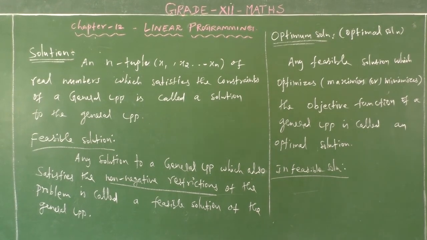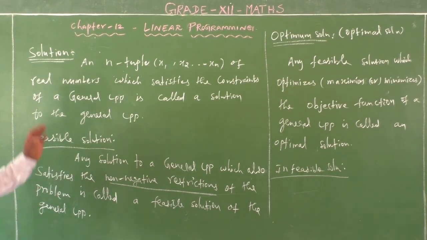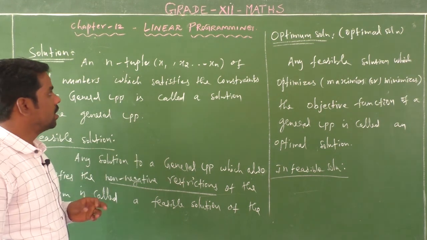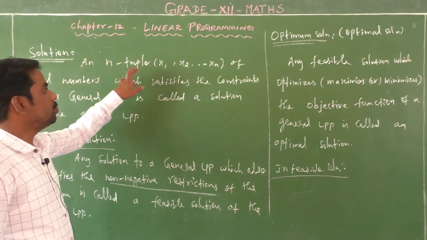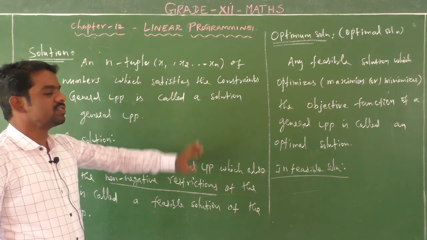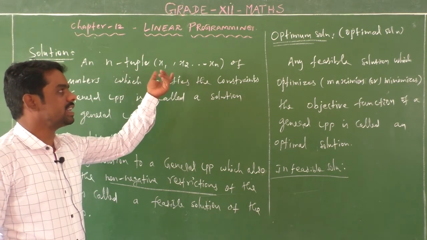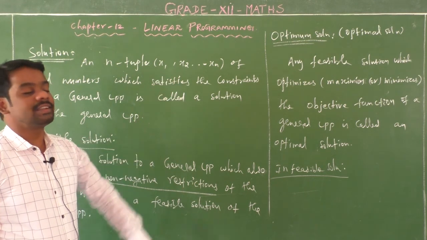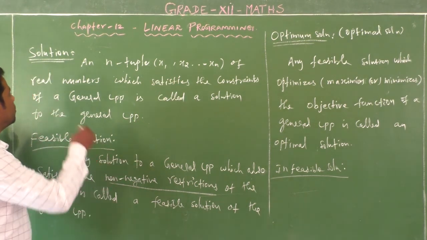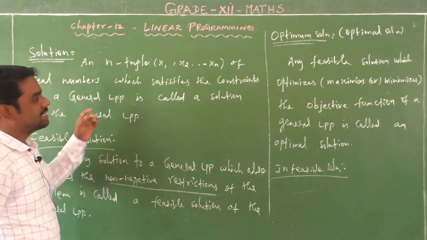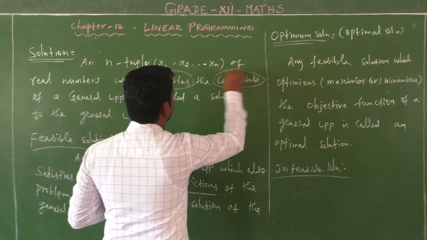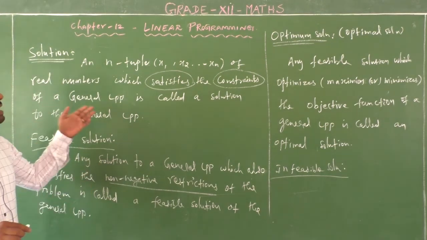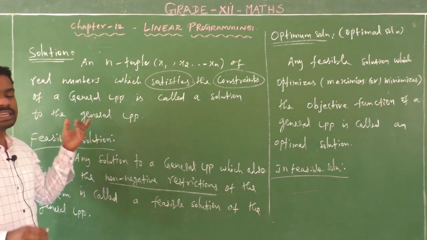Listen students, listen. A solution of a general LPP: an n-tuple x1, x2, x3 and so on, xn of the decision variables, a set of real numbers which satisfies the constraints of a general LPP, is called a solution of the general LPP.